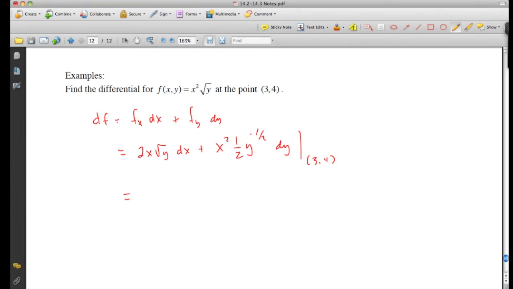That's going to give me 12 dx. And then plugging in 3, 4 here, this is going to give me 9. And then 1/2, 4 to the negative 1/2 is 1/2 again. So 1/4 times 9, that's 9/4 times dy.